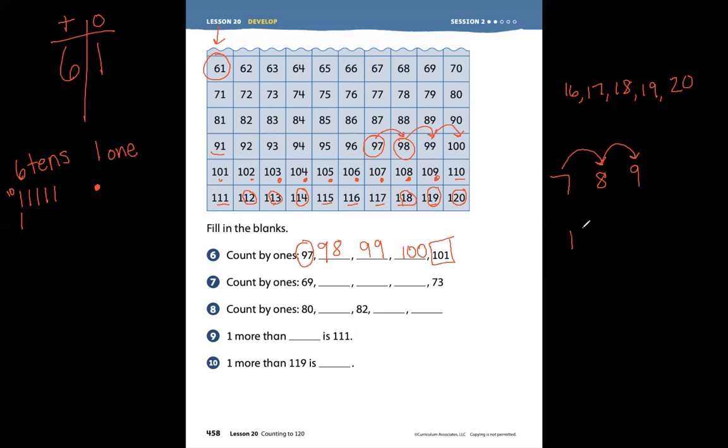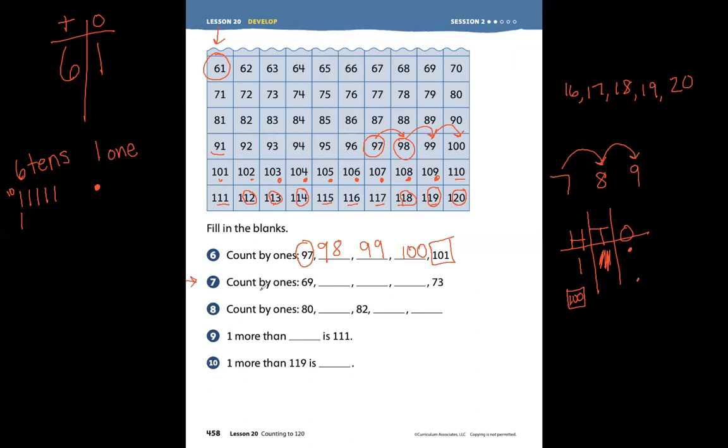That number has hundreds, tens, and ones. It has one group of 100, 0 in the tens place, and 1 one. 100, 1. 101.